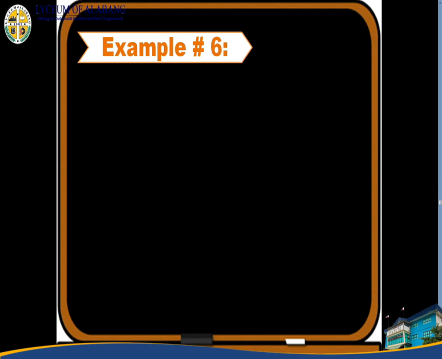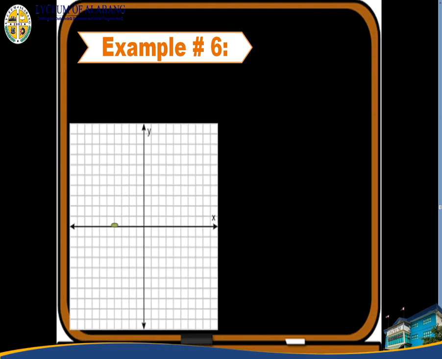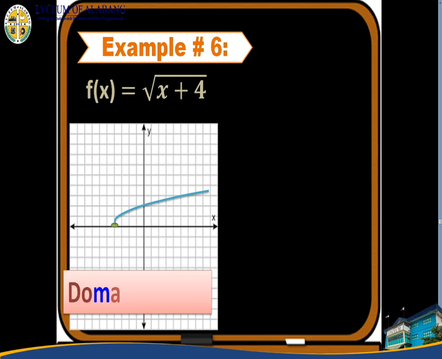Example number 6. Here is the graph of f(x) = √(x + 4). The domain of this function is the set of x ≥ −4, since x cannot be less than −4.